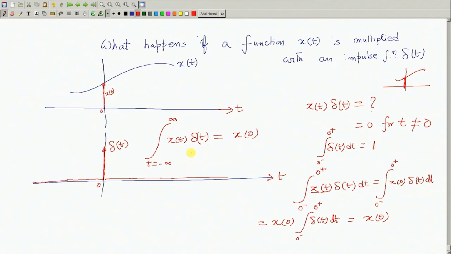So I write it like this: integral from minus infinity to 0 minus of x(t) delta(t) dt, plus the integral from 0 minus to 0 plus of x(t) delta(t) dt, plus the third term, the integral from 0 plus to infinity of x(t) delta(t) dt, where x(t) delta(t) for t greater than 0 plus is 0.